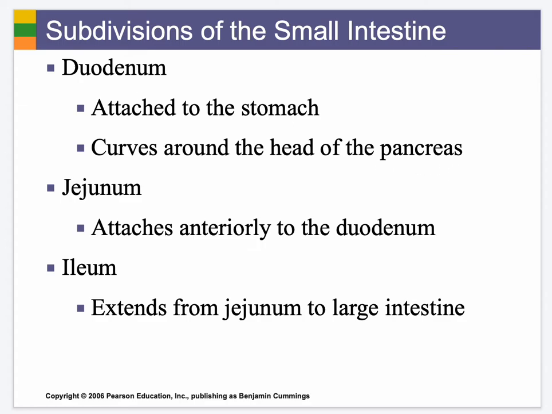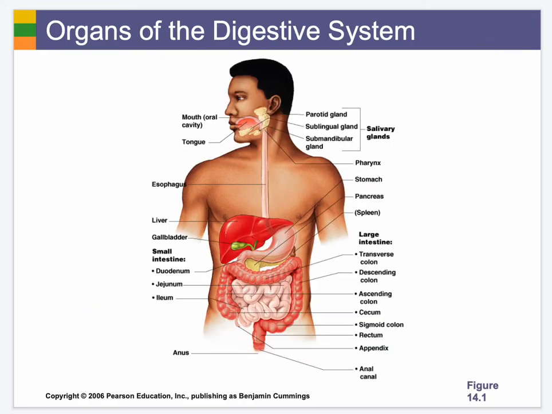Kasi, don't forget, saan ba yung picture? Diba? Your pancreas is somewhere here. Ito yung pancreas. So, yung duodenum mo, ito yung pyloric sphincter. Itong duodenum mo, naka-attach siya dyan sa pancreas.